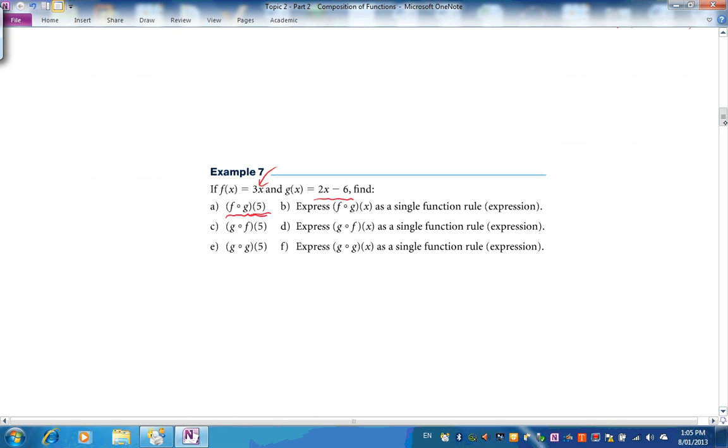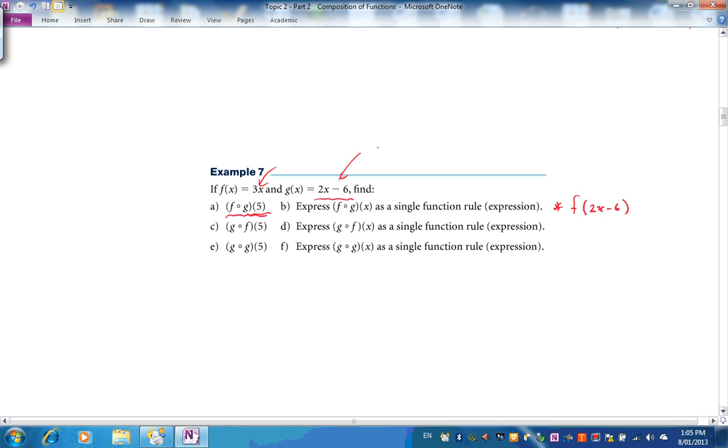So what about the second part, the more general part, finding an expression as a single function for that composite function? So what it means is we've got to operate f on the result of g, which is 2x take 6. g is 2x take 6.